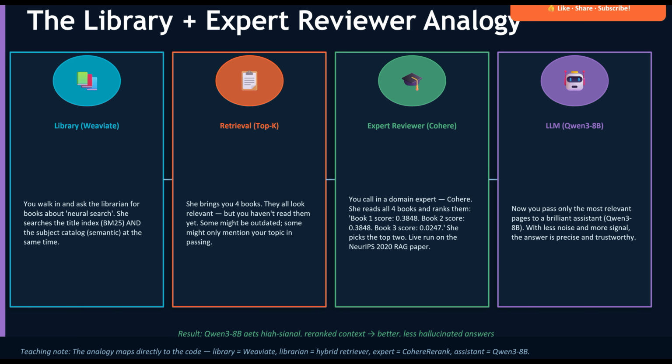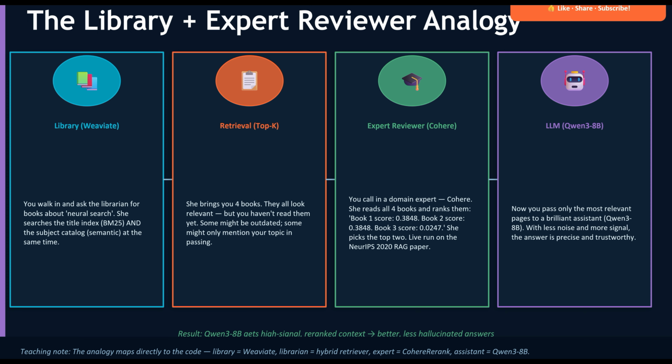Let me give you an analogy that I think makes the whole pipeline click. Imagine you walk into a library and ask, give me a book about neural search. The librarian, that's Weaviate, searches both the index and the subject catalog simultaneously. That's hybrid search. She comes back with 4 books.